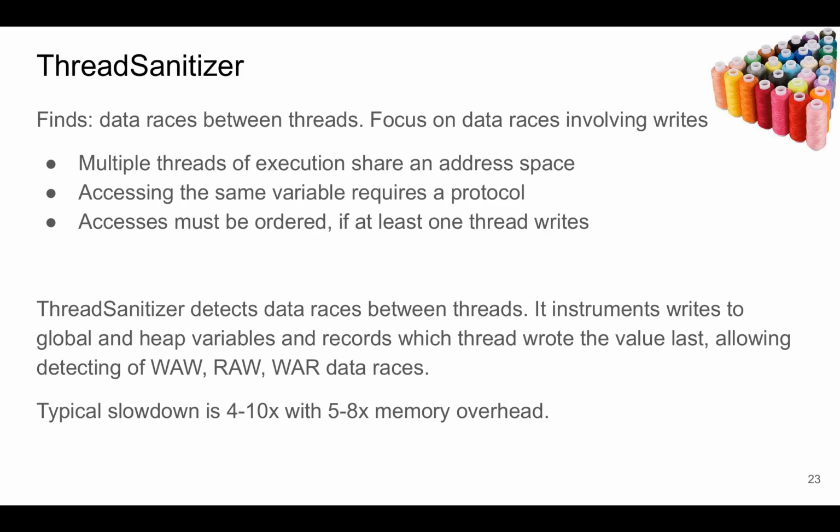So thread sanitizer allows you to detect write after write, read after write, and write after read data races. Slowdown is 4 to 10x with 5 to 8x overhead. So this is memory overhead. So this is quite hefty. But it allows you to figure out different kinds of data races between threads, or if you're missing some synchronization or whatnot. Cool?